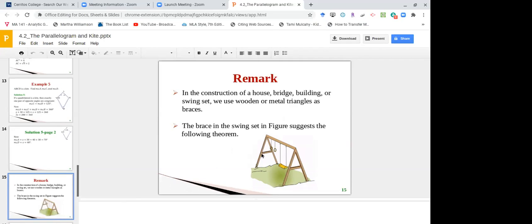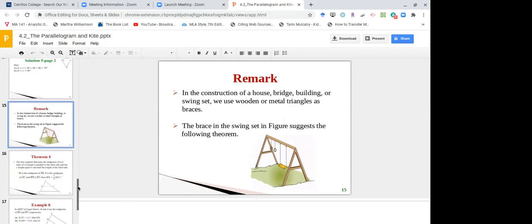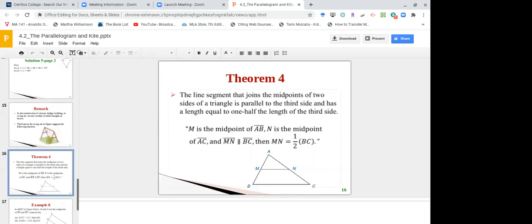And triangles add extra stability to the structure, but they also give rise to a particular theorem, and that is the line segment that joins the midpoints of the sides of a triangle is parallel to the third side and has a length equal to 1/2 of the third side.